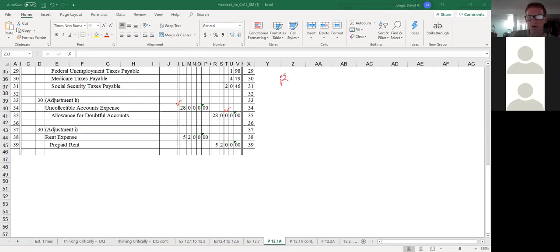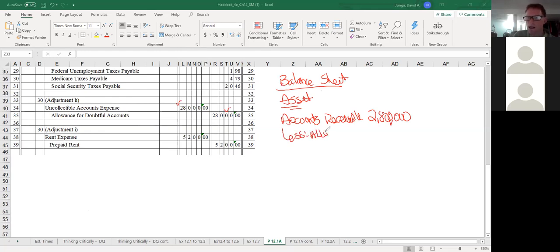But one more thing I want to mention is how this would show up on your balance sheet. Remember, in your asset section, and I'll just use the numbers from this problem, you would have accounts receivable of 2,800,000 less this allowance of 28,000.